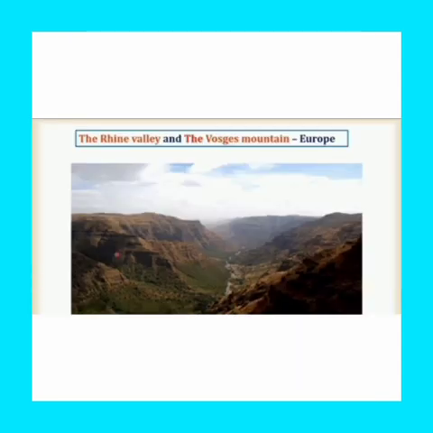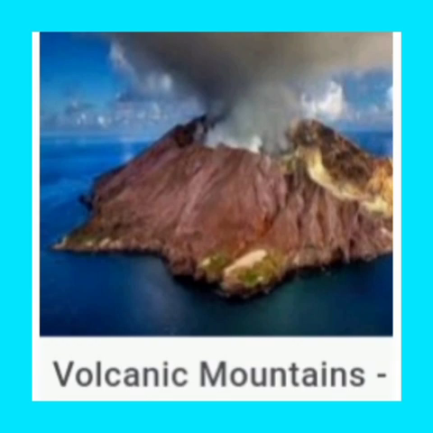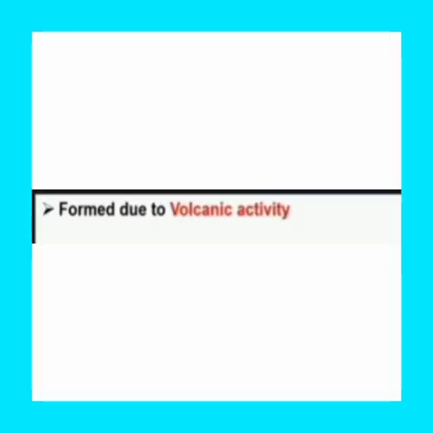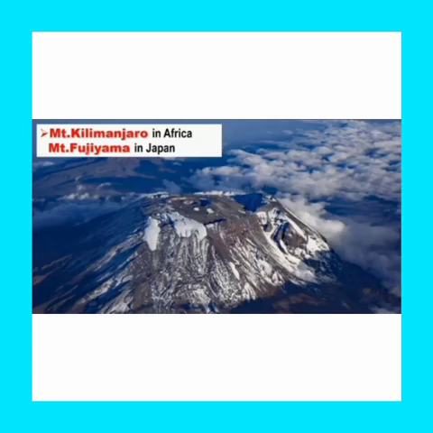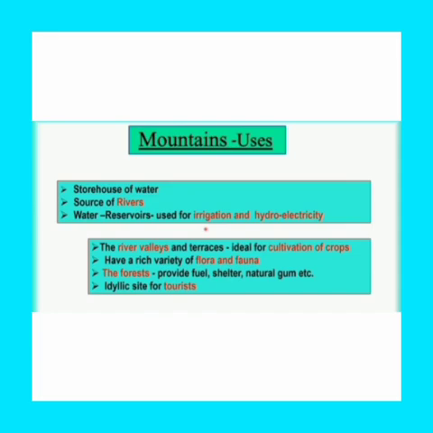The Rhine Valley and the Vosges mountain in Europe are examples of such mountain systems. Then volcanic mountains. Volcanic mountains are formed due to volcanic activity. Mount Kilimanjaro in Africa and Mount Fujiyama in Japan are examples of such mountains.